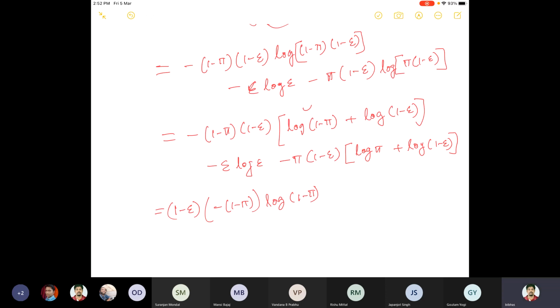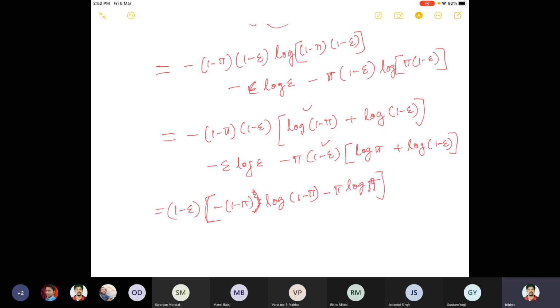And there is another one. Here also I took common, right? So 1 minus epsilon. Let me write it here: log this, and then minus pi log of pi.